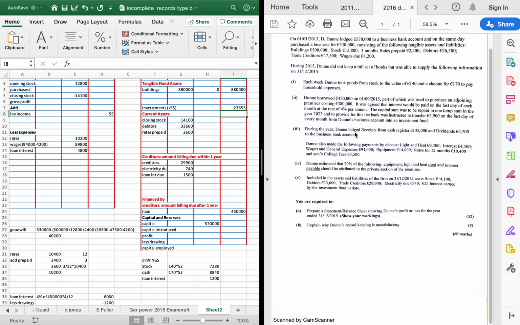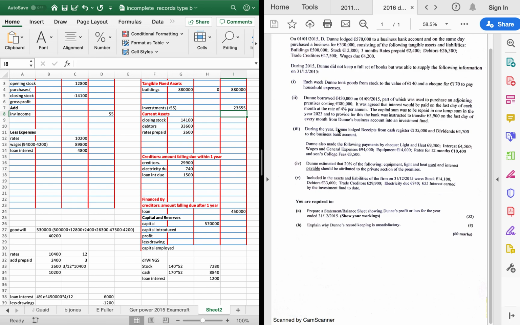During the year, lodge receipts from the cash register 135,000. We may have to work out the bank figure in this. They don't give us the bank figure, so if he's lodging money and spending money, we actually have to work out how much is there.